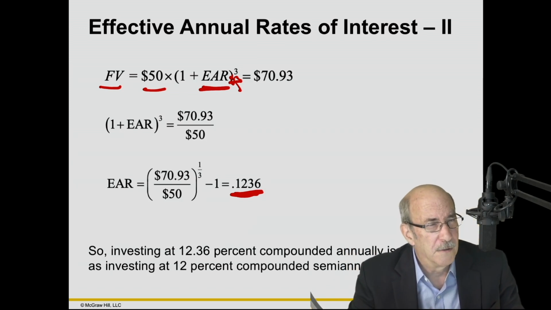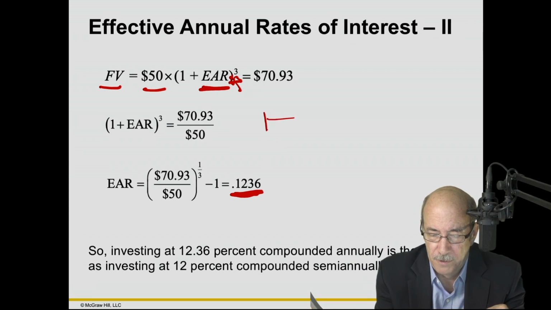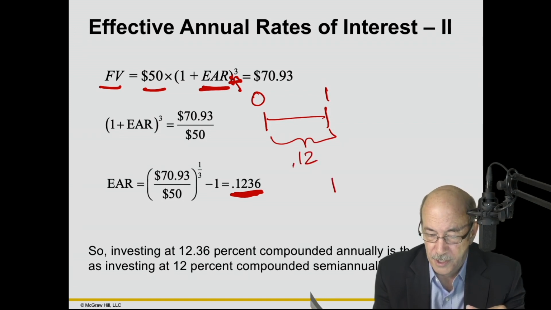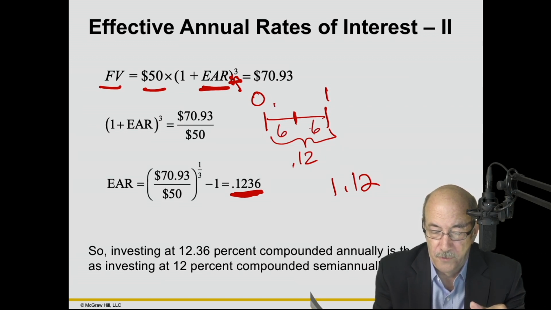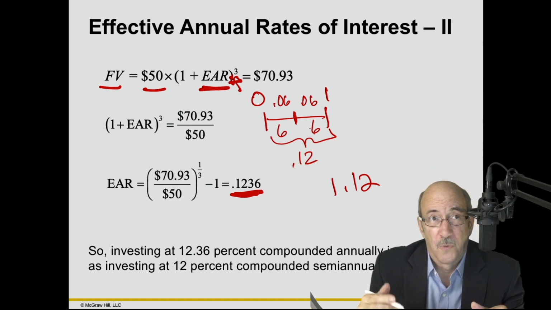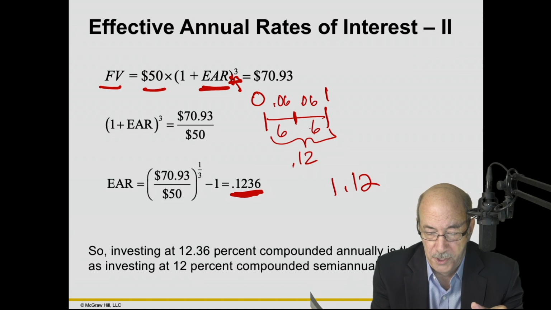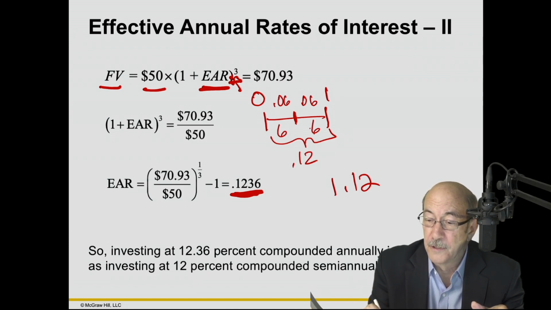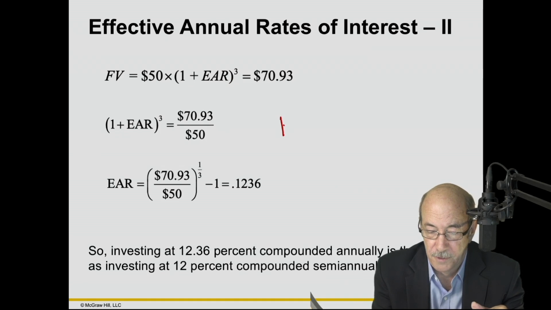You might ask, well, wait a minute, why is that? Remember, if we just go one period and only compound that one period at 12%, $1 becomes $1.12. But if we split that into 2 6-month periods where the rate is 6% each period, let me clean things up here a little bit.